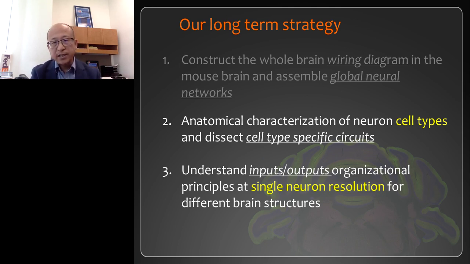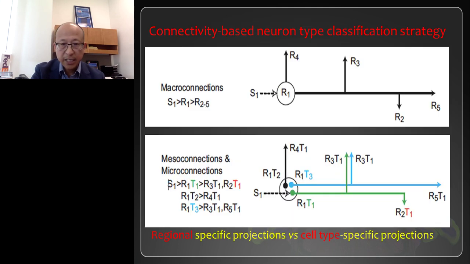And so after we put together this wiring diagram for each individual brain structure, we look at their axonal projections, and then we use what are called projection-defined cell types, to catalog these neuronal populations into different subpopulations based on their connectivity.